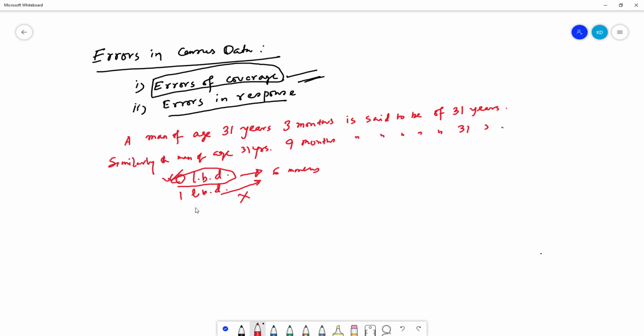This leads to considerable heaping at ages ending with 0 and 5 and some heaping at ages that end in even digits.